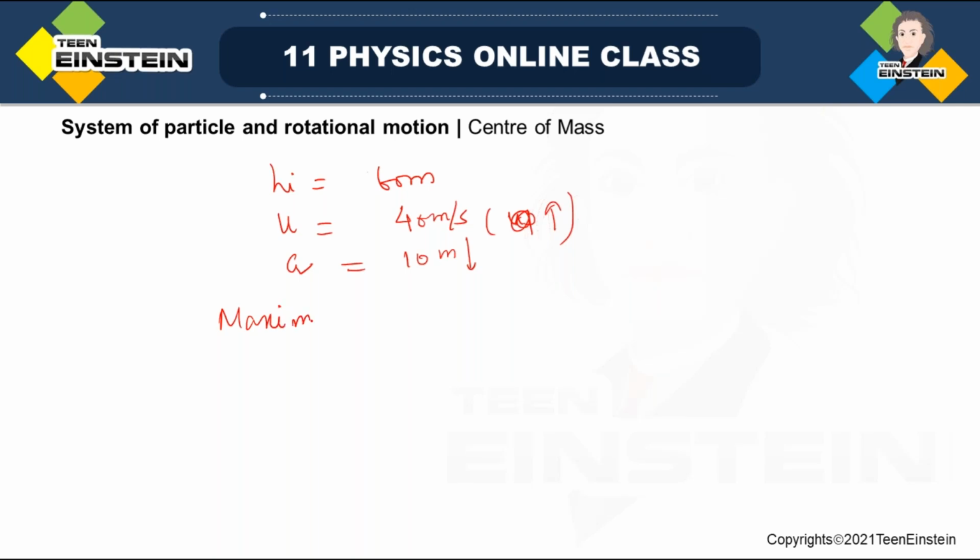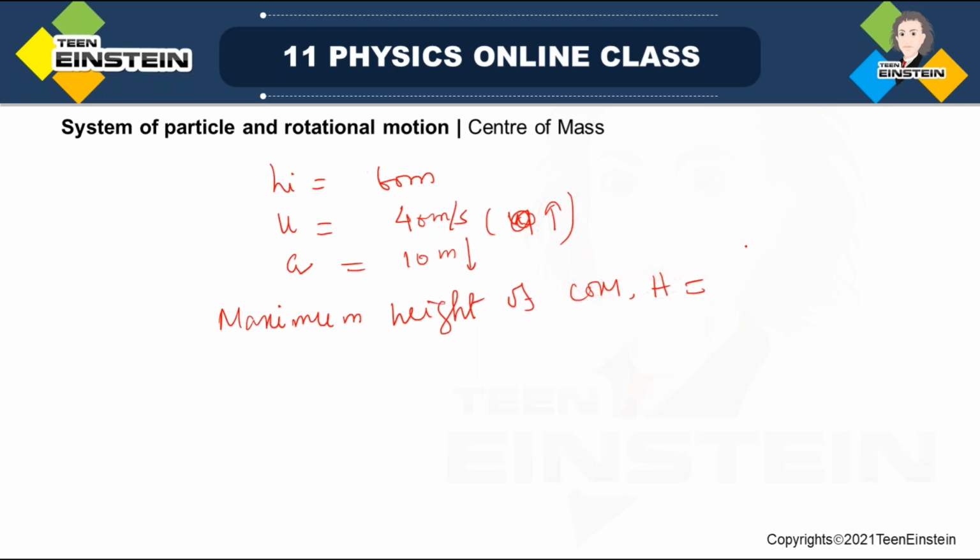Maximum height of COM, center of mass, is H, suppose.